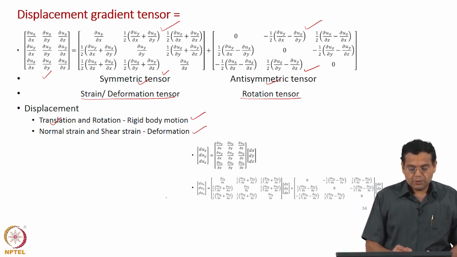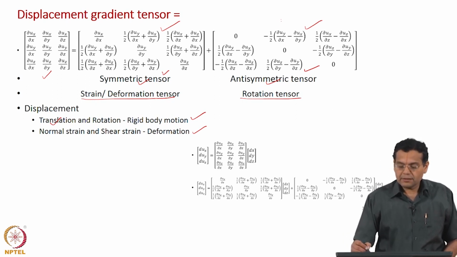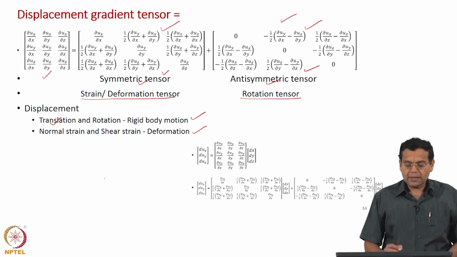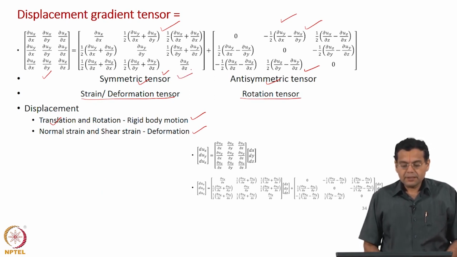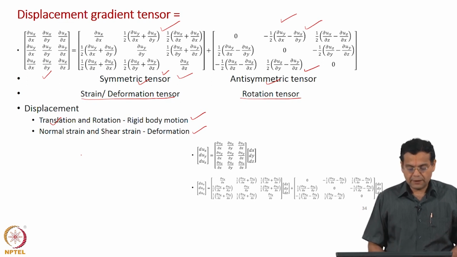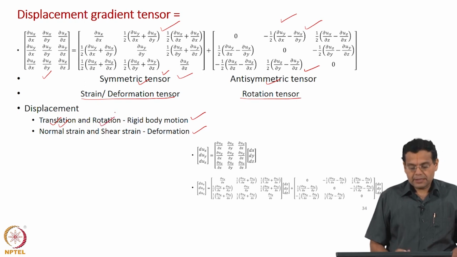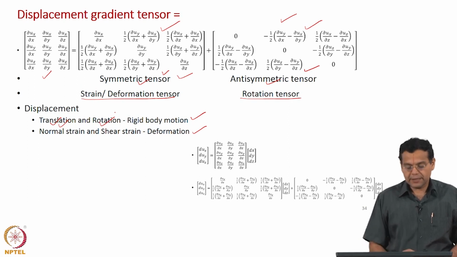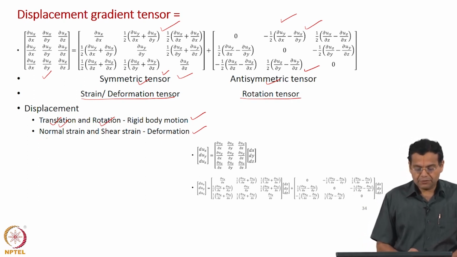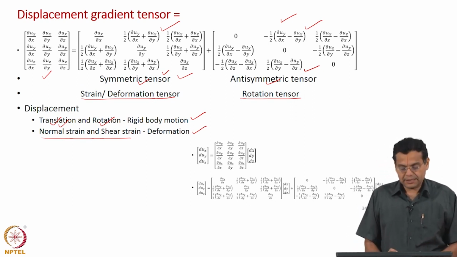So, by doing so we have separated the rotation component from the deformation component, and that is what is shown here. Displacement consists of rigid body motion and deformation. Rigid body motion consists of translation and rotation. Translation has been taken care of by taking difference in displacement, and now rotation has been separated, and so we are left with only normal strain and shear strain in the deformation or strain tensor.